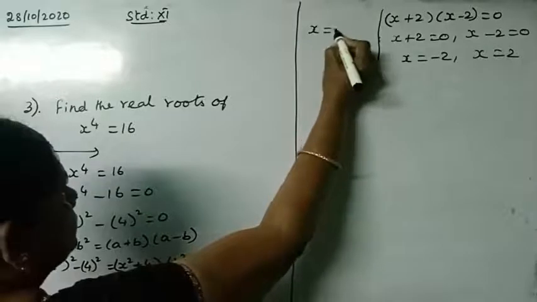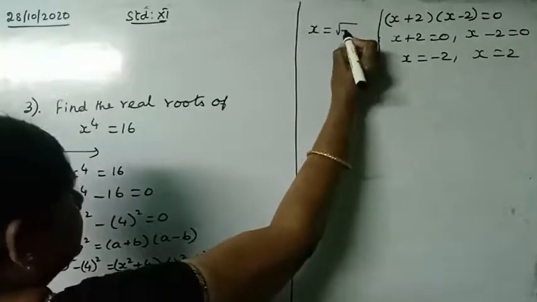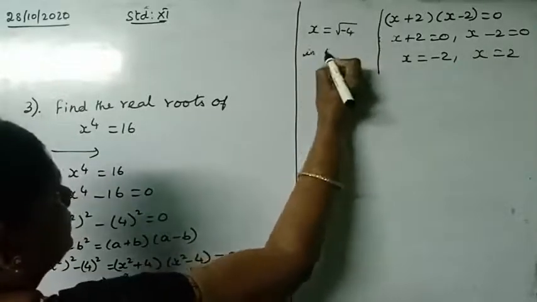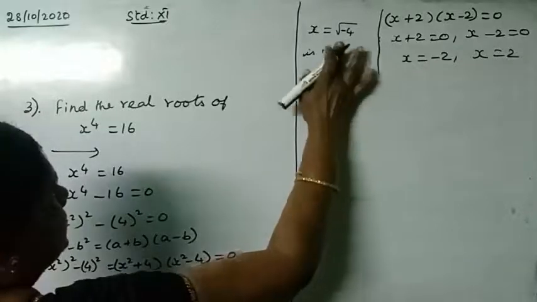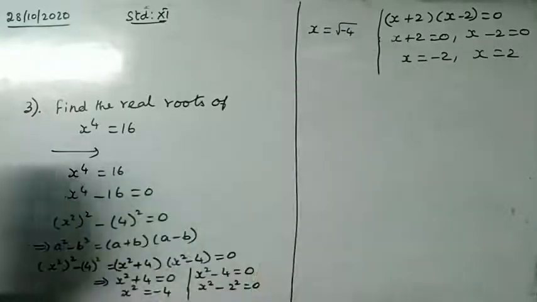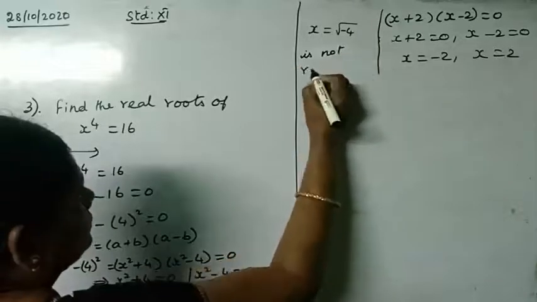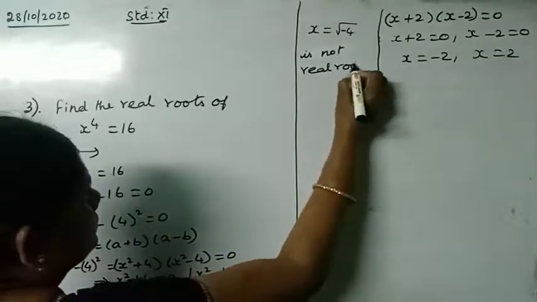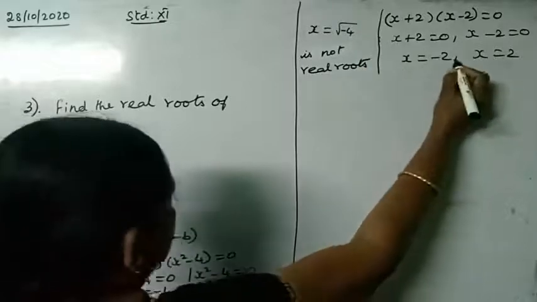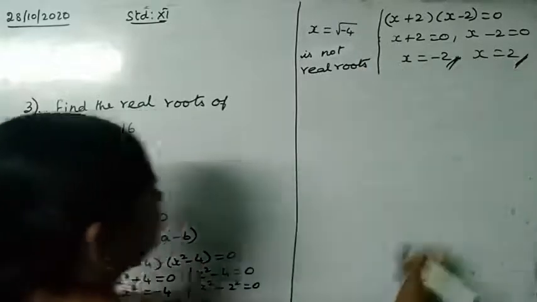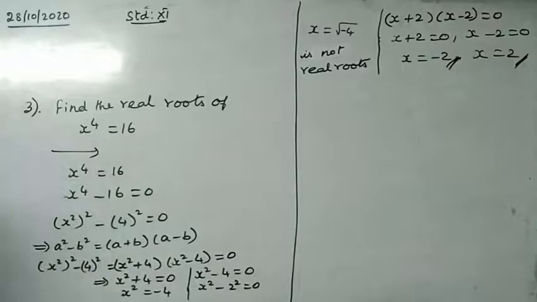Therefore x is equal to square root of minus 4, which is not possible. That is not real roots. So the real roots are x is equal to minus 2 and x is equal to 2.